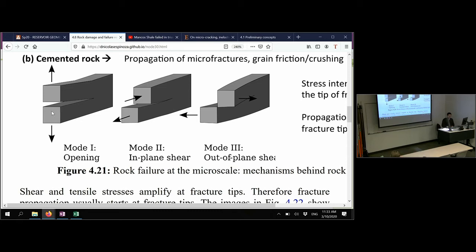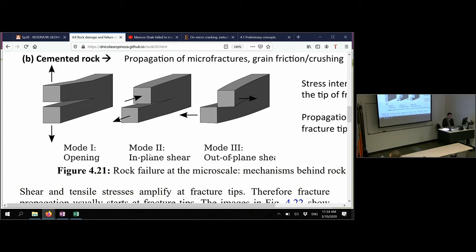But there are two other types that combine shear at the tip. These are mode 2 and mode 3. Mode 2 is called in-plane shear. I remember one is tearing and the other one, I always forget that one. Sliding.